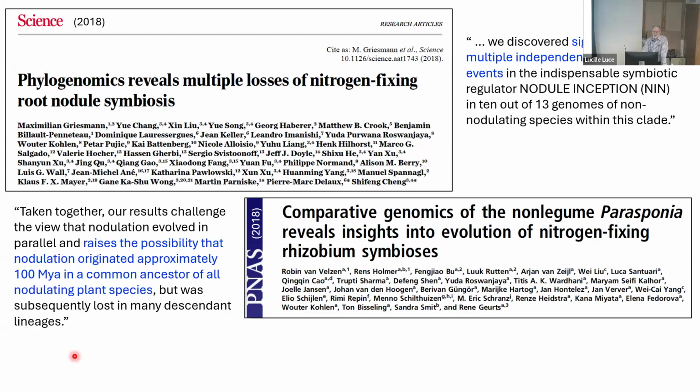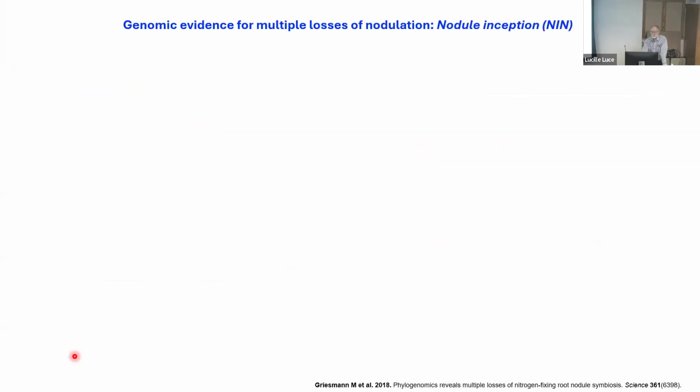And in this paper, taken together, results challenge the view that nodulation evolved in parallel, and raise the possibility that nodulation originated approximately 100 million years ago in a common ancestor of all nodulating plant species, and then was subsequently lost in other groups. So this was great, and NIN was almost the only gene lost. There are a couple of other good candidates that are lost here and there, but basically NIN is the one thing that's really unique about nodulation in terms of genes.